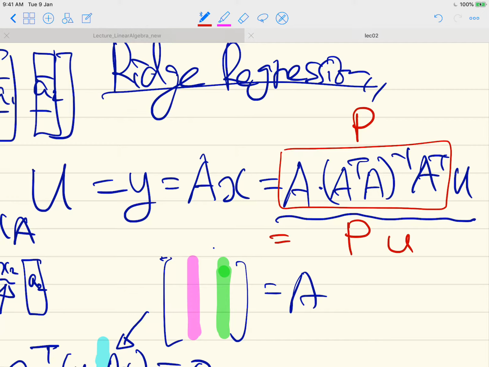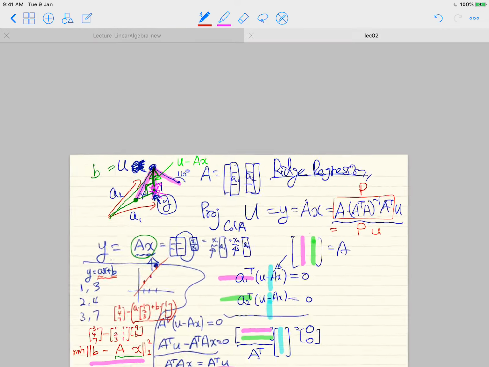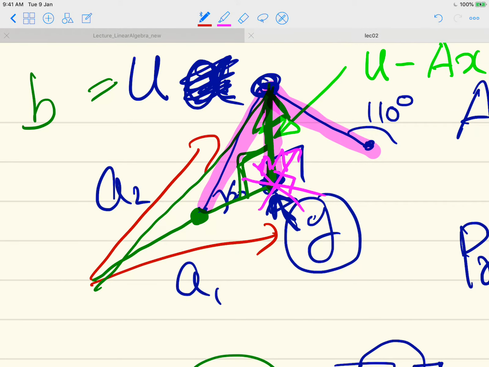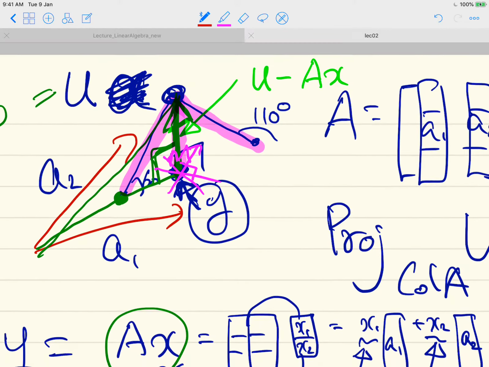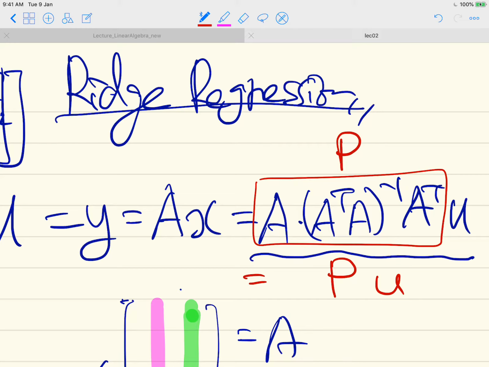But what if our matrix A already has orthogonal vectors? Here I drew this example having some angle which is not 90 degrees, right? So in that case, the projection formula will be really kind of dirty like that, right?